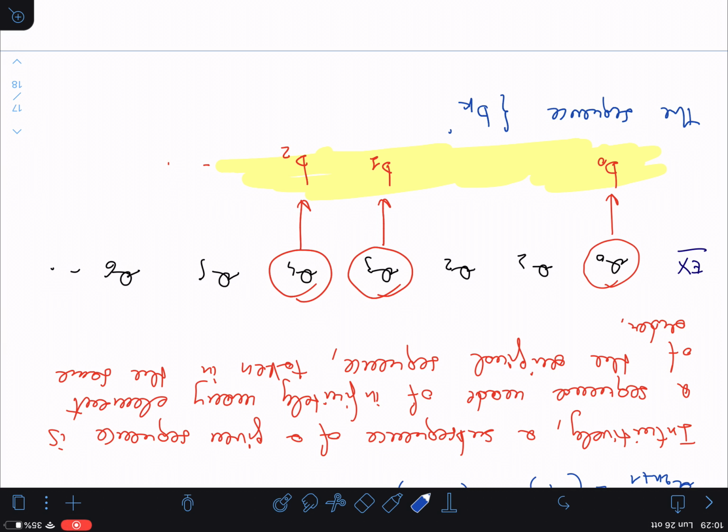Okay, and notice that we kept the same order. So b_0 is a_0, and it comes before b_1, which is a_3. So in extracting elements from the original sequence, there is no exchange of order. Okay, sequence b_k is a subsequence of a_n.